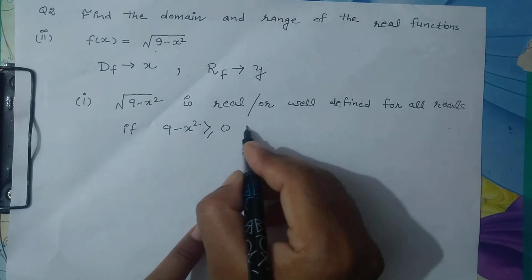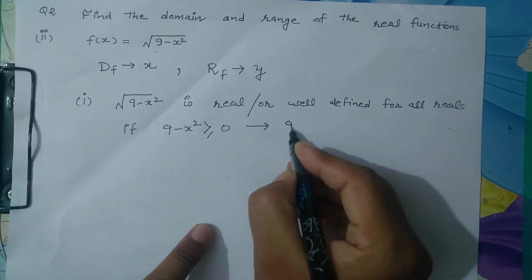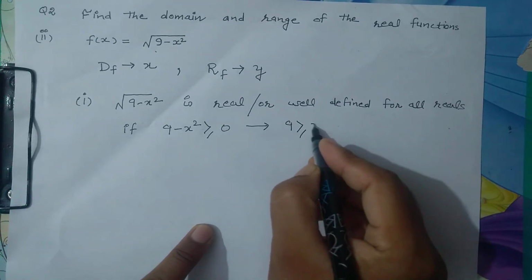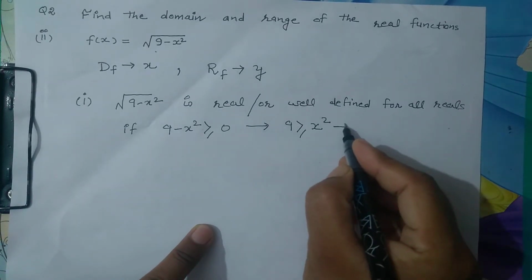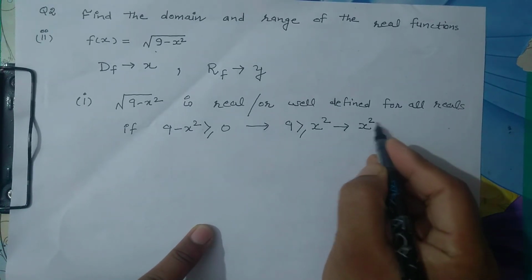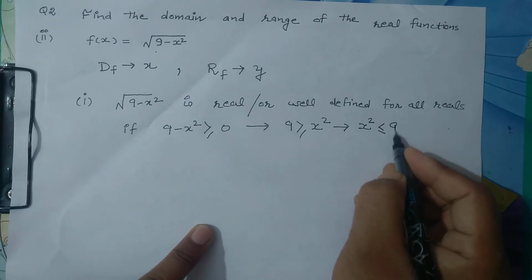So what we can say here, 9 is greater than or equal to x square. So again, x square is less than or equal to 9.